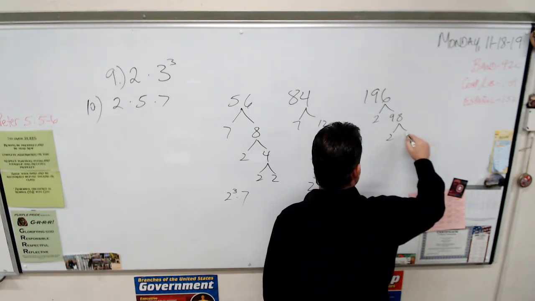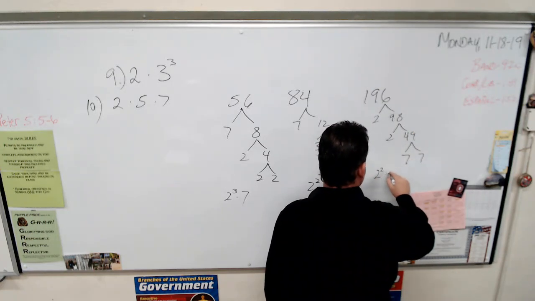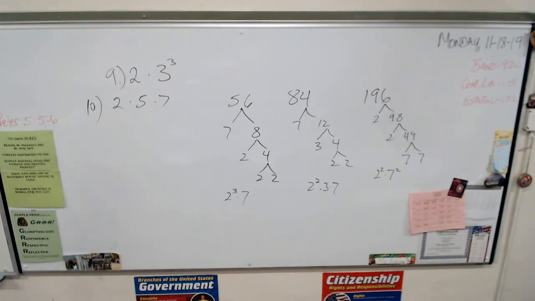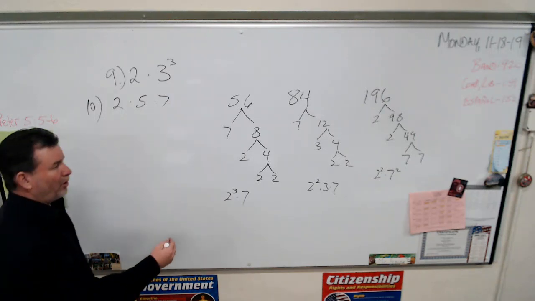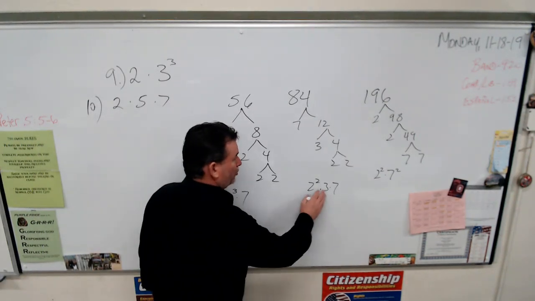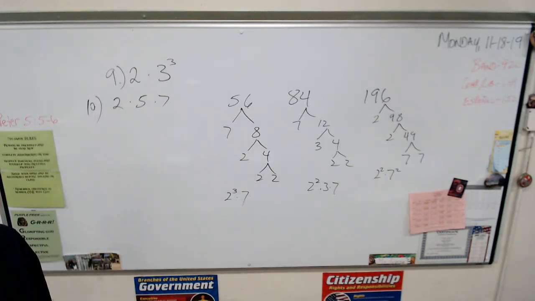Let's just keep going 2. I got 2 squared times 7 squared. So how do I find the greatest common factor? I have to find all the ones that are in common. I have 2 cubed, 2 squared, 2 squared. What's common to all 3 of those? Not 2 cubed, 2 squared.